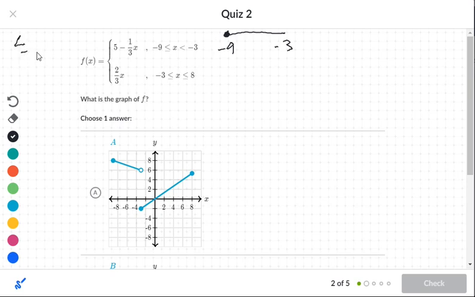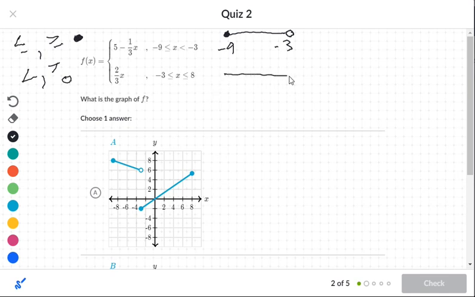If you have less than or equal to or greater than or equal to, your point is solid. It's included in the line. If you just have a less than or a greater than with no sign underneath it, it's going to be an open circle. So in this case, there's nothing underneath the -3, so it stays as an open circle. So this goes from -9 to -3, but it doesn't include the -3.